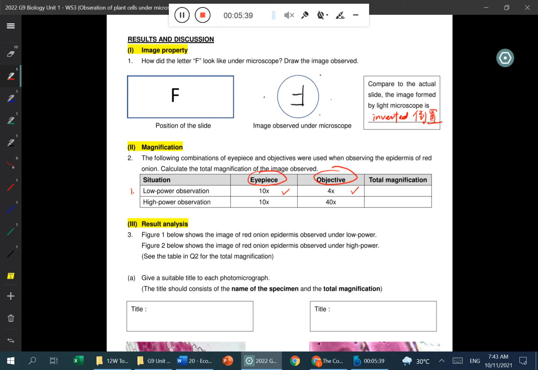So eventually the image that you can see would be magnified by 40 times, because this is a multiplication. Now similarly, I think everyone now can work out the high power situation as well. So I'm not going to write the answer, but let you think.